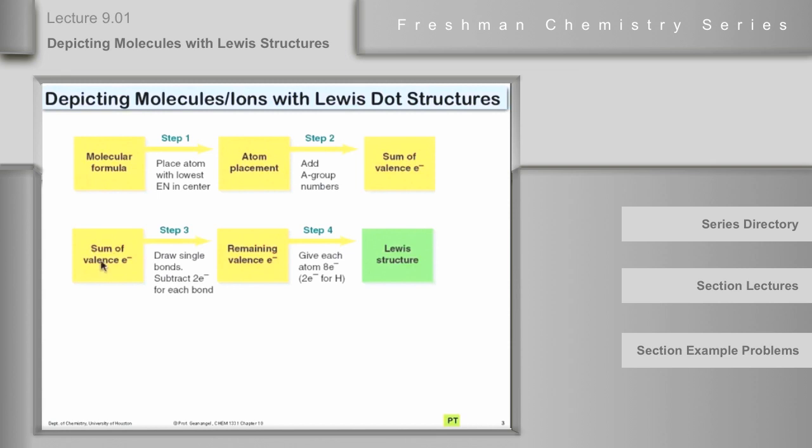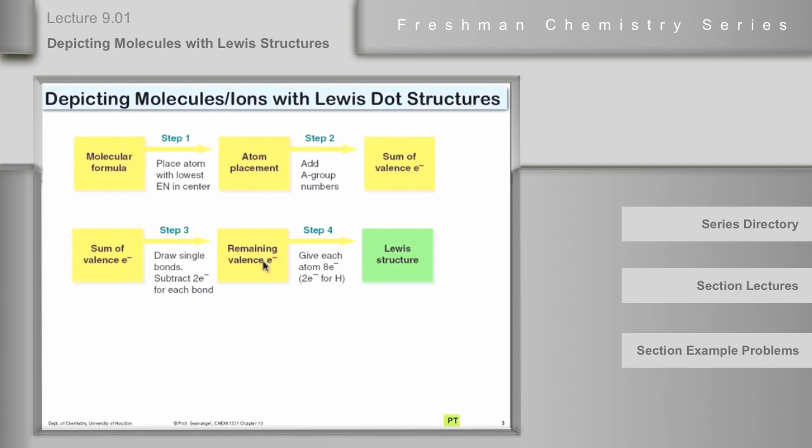Once we have the sum of the valence electrons, then we draw single bonds from that center atom to all of the outside atoms. And we subtract 2 electrons for each one of the bonds that we make that way from the sum of the valence.